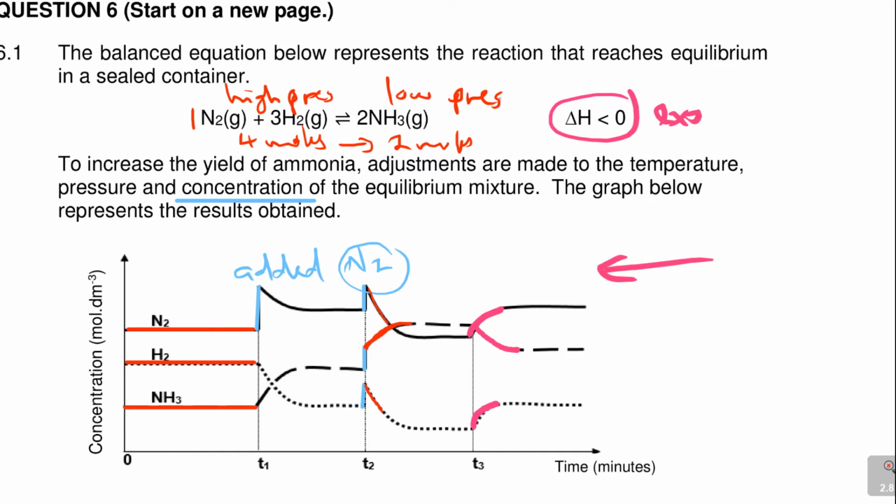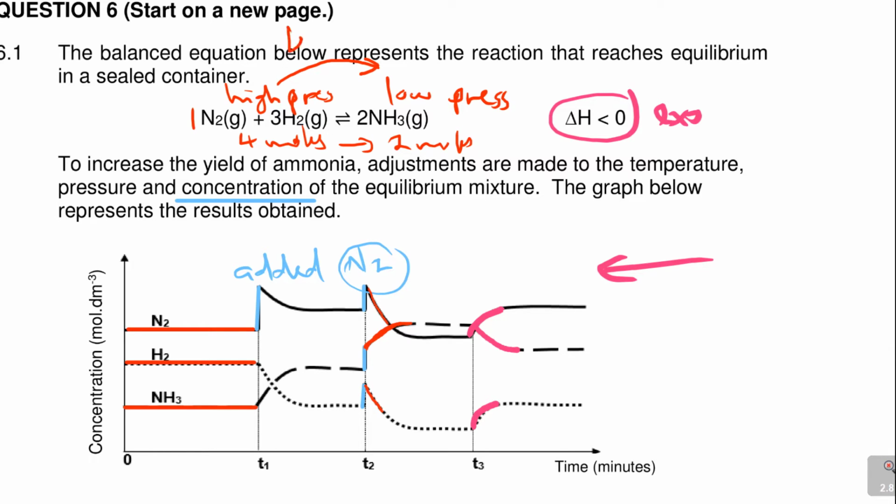So when you increase pressure here, where will the reaction go? The reaction will go in this direction, which has low pressure, according to Le Chatelier's principle. Remember, when you increase pressure, it will favor the reaction that will oppose that increase in pressure. And how do you oppose the increase in pressure?